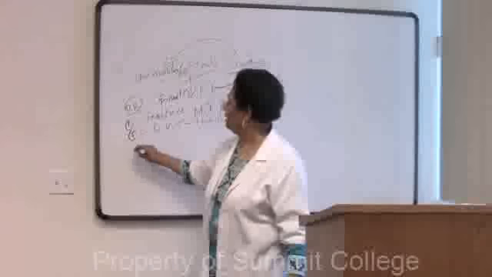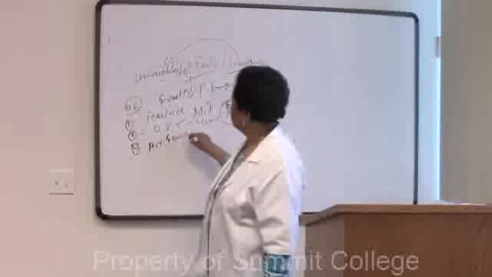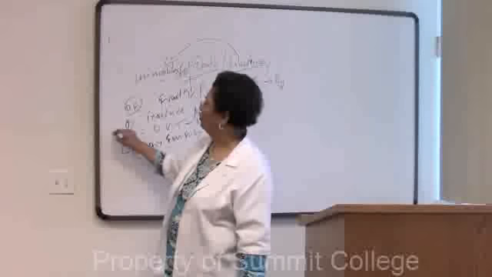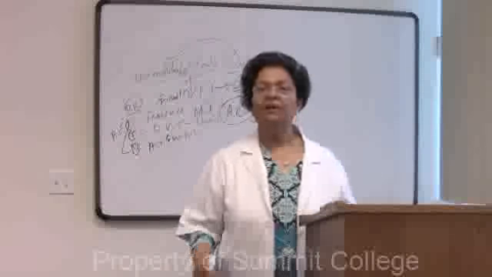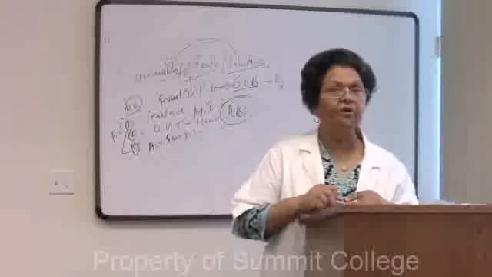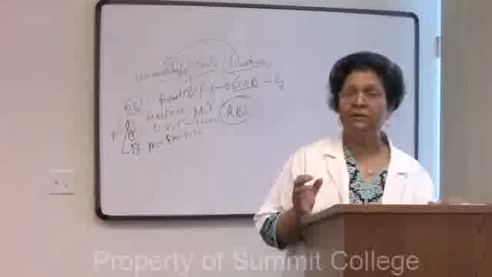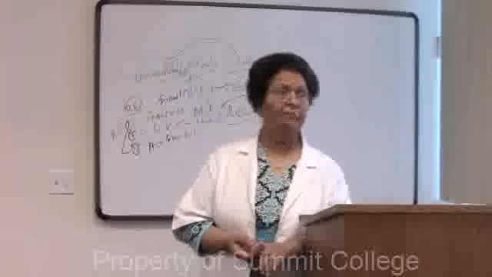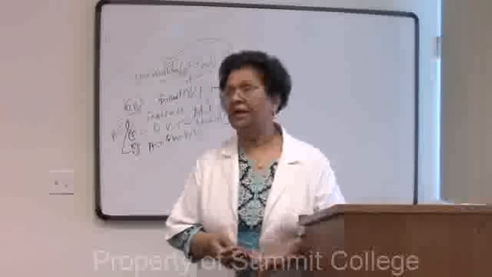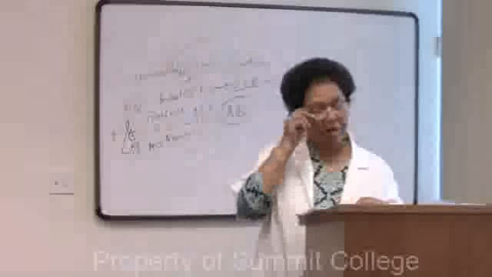And number three, air embolism. All these three things lead you to pulmonary embolism. So fracture can lead to pulmonary embolism. You've got to immobilize your patient. If you don't immobilize, your patient is going into pulmonary embolism, or second thing is MI. So that's important that you monitor your patient.